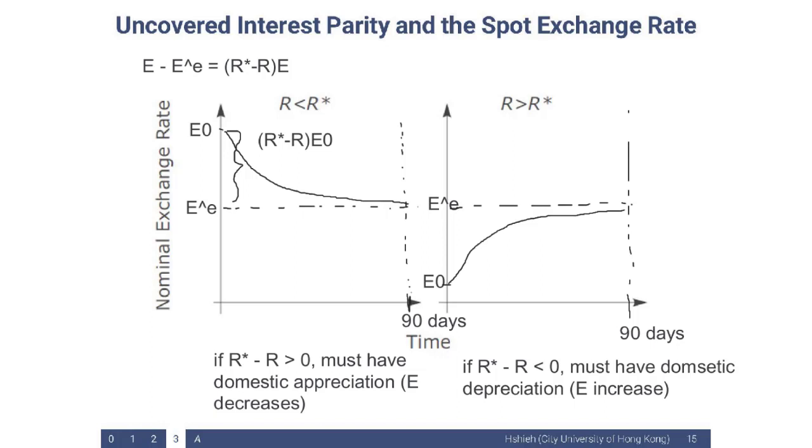I'm going to use E naught to indicate that it's today's spot price, not the future one. All right. So what rational expectations means is that over time, the spot rate must converge to our expectation about the future spot rate.